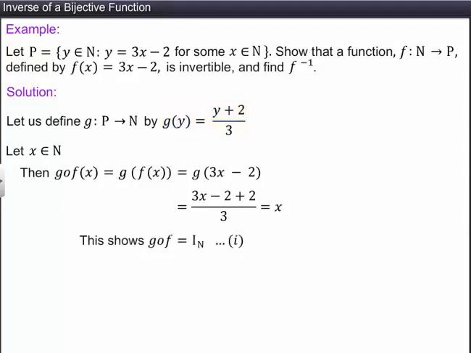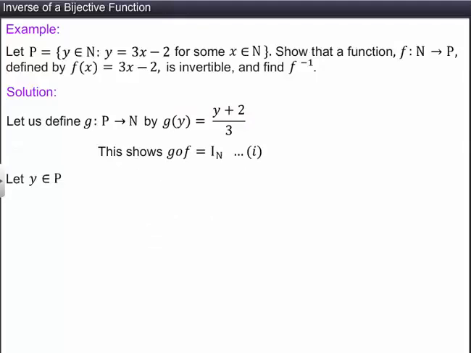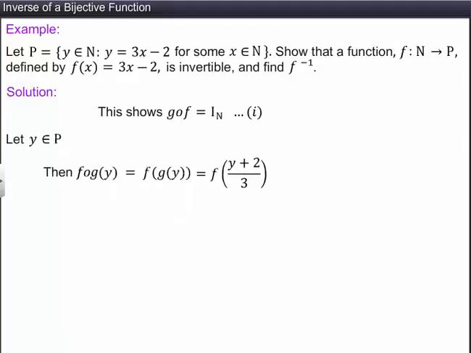This shows g circle f is an identity mapping from N to N. Next, let us consider any arbitrary element, y, from set P. Then, f circle g of y is equal to f of g of y, which is further equal to f of (y plus 2) whole divided by 3.